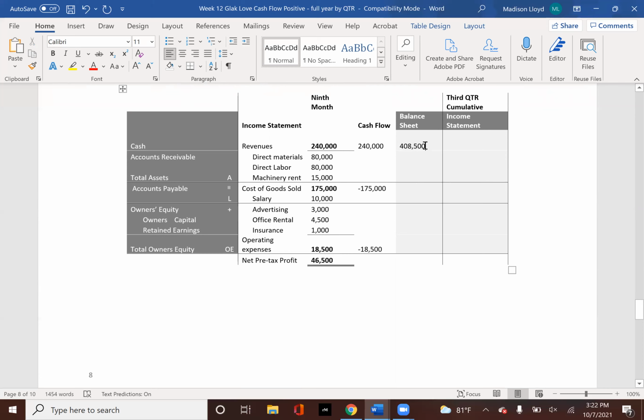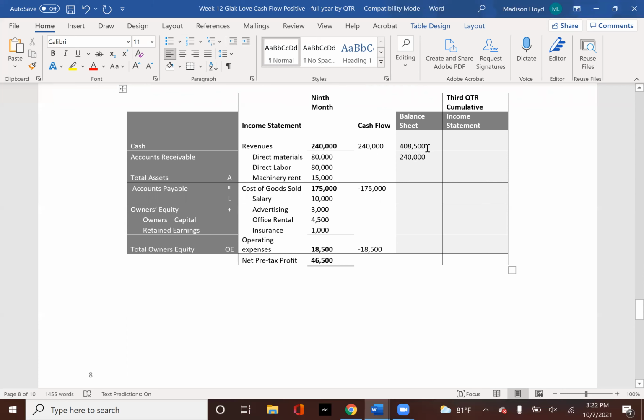Okay. Some of you may be confused by that, but if not, just take your total assets and subtract all of your expenses, or get your cash balance from last month, add this month's profit, and you'll get the same number. Accounts receivable is going to be $240,000 because that's our revenues for this month.